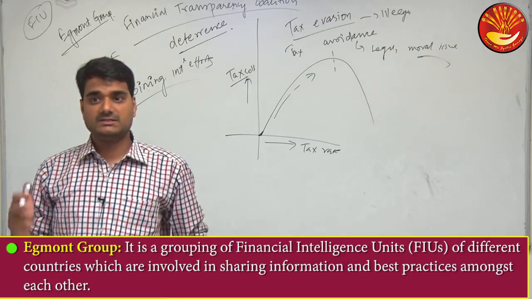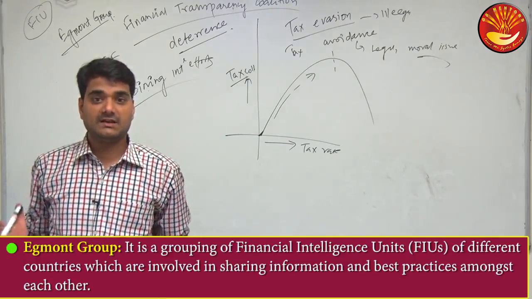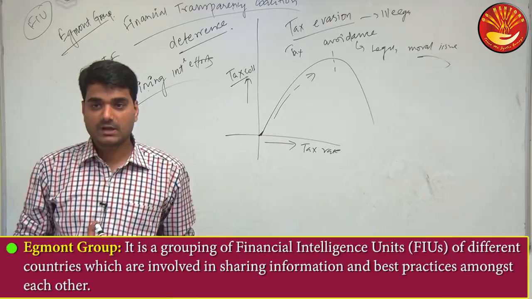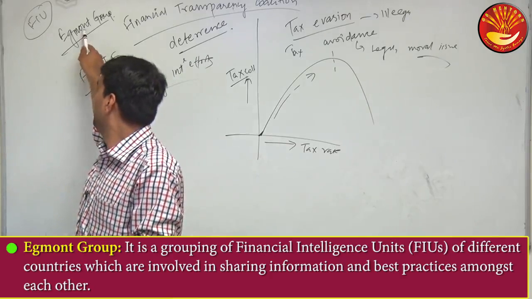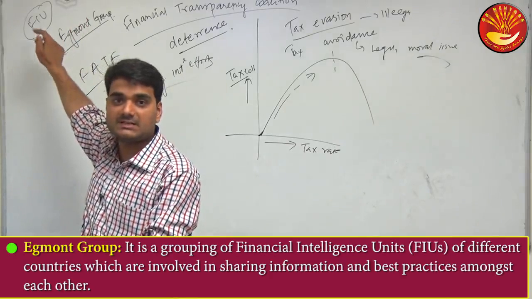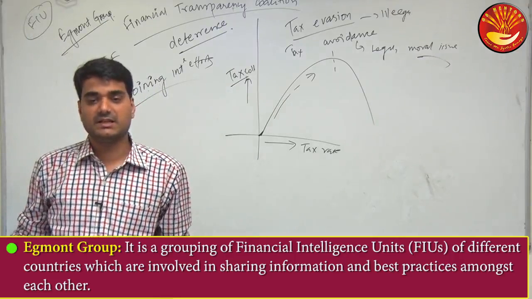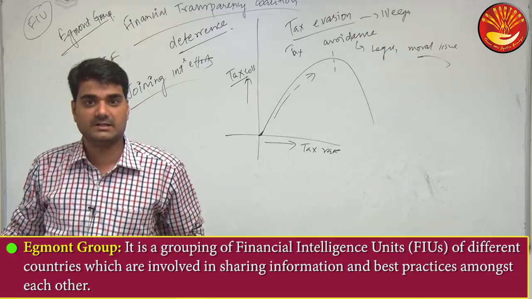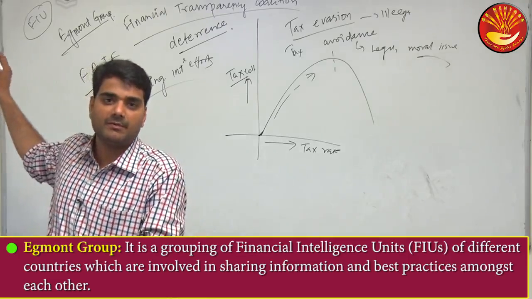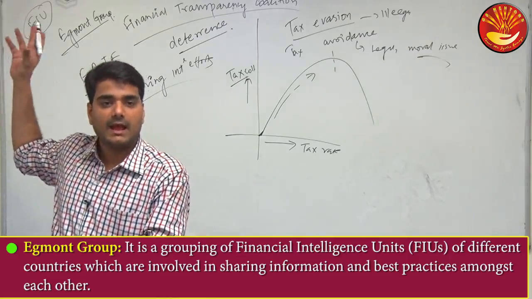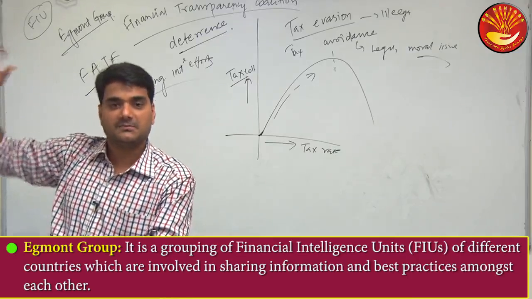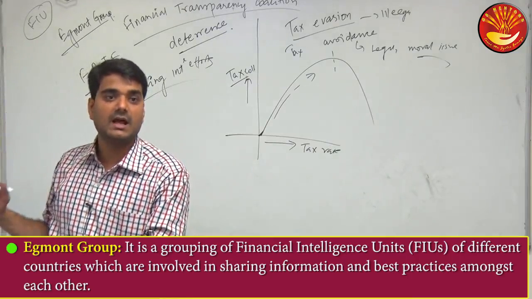This FIU is involved in gathering intelligence related to financial aspects. Now this Egmont Group is a grouping of these FIUs of different countries. They share information and best practices amongst each other. See, Egmont is the name of a palace in Brussels. At that palace, this meeting first took place. That's why they named it the Egmont Group.